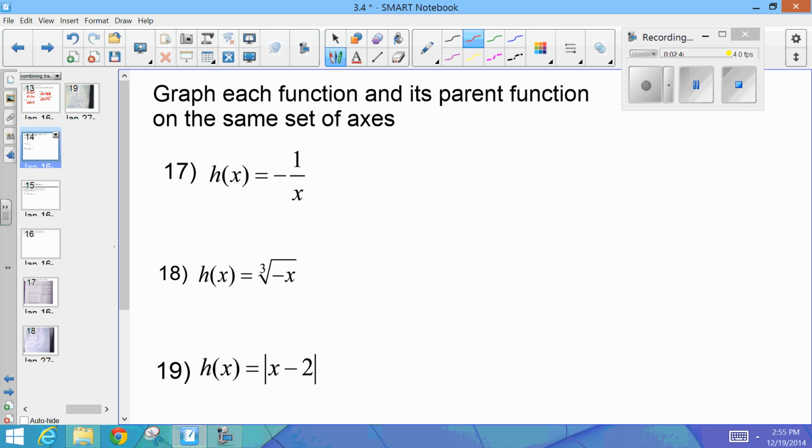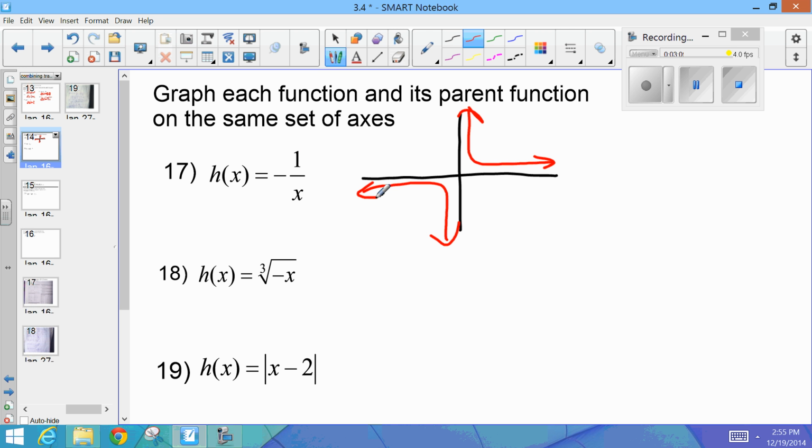Graph each function and its parent on the same axes. All right, so now these are rough sketches. Okay, you don't have to be fancy about these. We know the shape of the reciprocal graph is something like this. Okay.